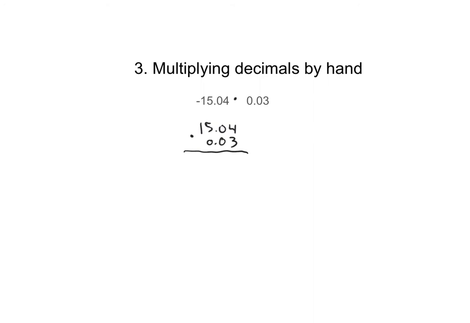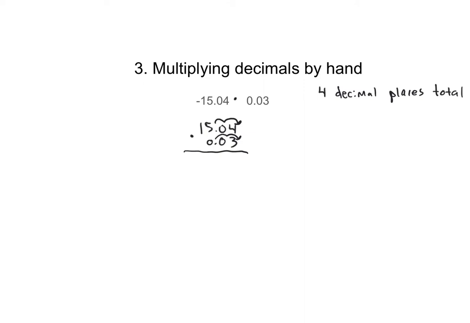But before I completely ignore them, I'm going to count how many places there are after each decimal. So in my first number, I have 1, 2 place values. And in my second number, I have 1, 2 place values. So I'm just going to write myself a note. There were 4 decimal places total.